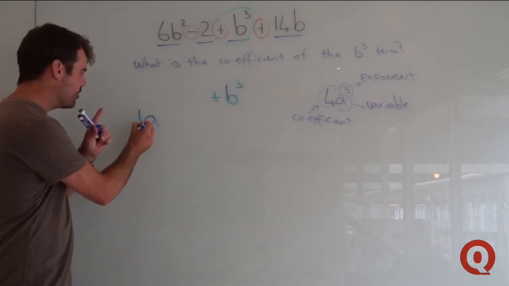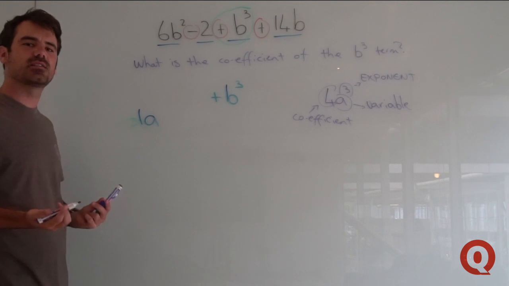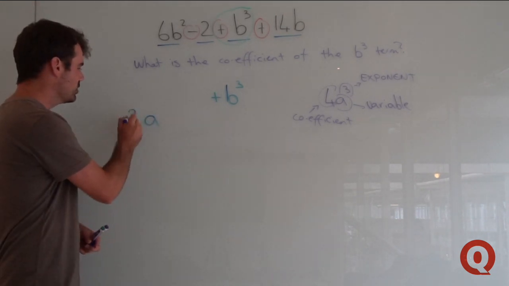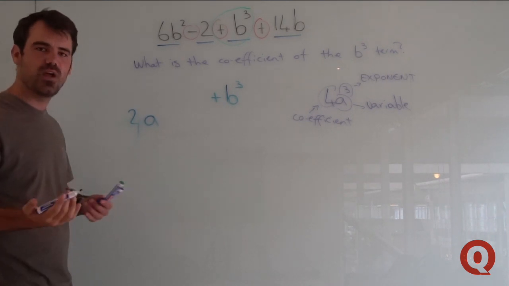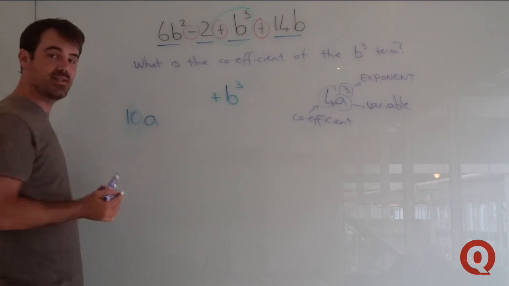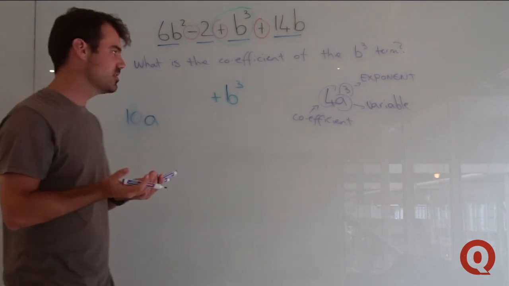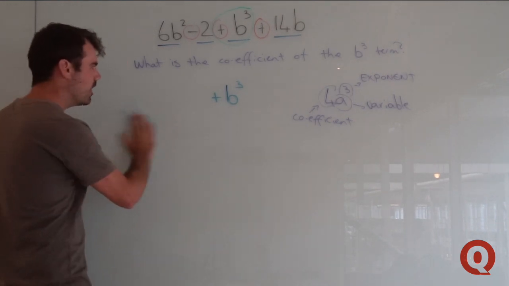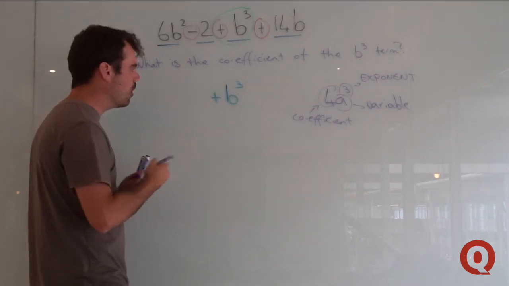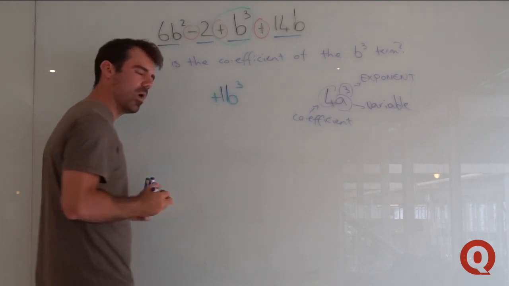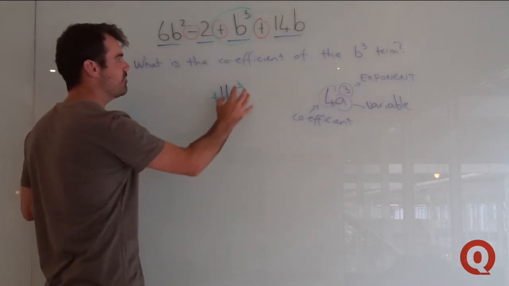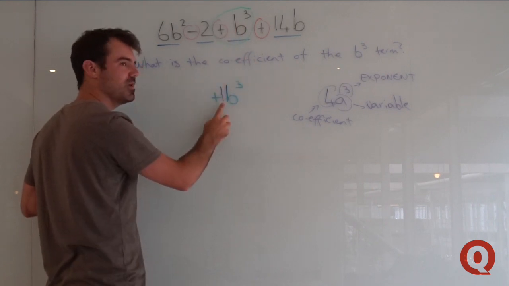Now, we can put a 1 in front of that a, but it's not necessary because we can only see one a. It's only when we start getting to 2a that we know we have 2 a's. Or I could say I have 10a. It means I have 10 a's in my hand. So when we just find a variable without a coefficient, there's always an imaginary 1. Always an imaginary 1. So the coefficient of my b cubed term is going to be 1.